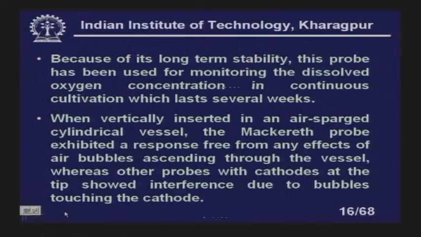Let us go back. When vertically inserted in an air sparged cylinder vessel, the McCareth probe exhibited a response free from any effects of air bubbles, because the function of the air bubbles is to increase the dissolved oxygen concentration or partial pressure of oxygen in the bulk medium of the liquid, where actually my reaction takes place, right.